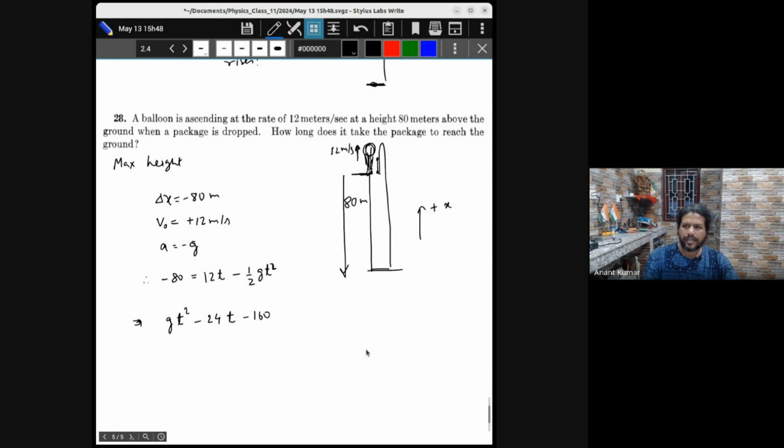Or you could simply take g, if you wish, as 10 or approximately 9.8. Either one. Let's work with 10, so it simplifies the calculation a bit. You can take g approximately as 10.